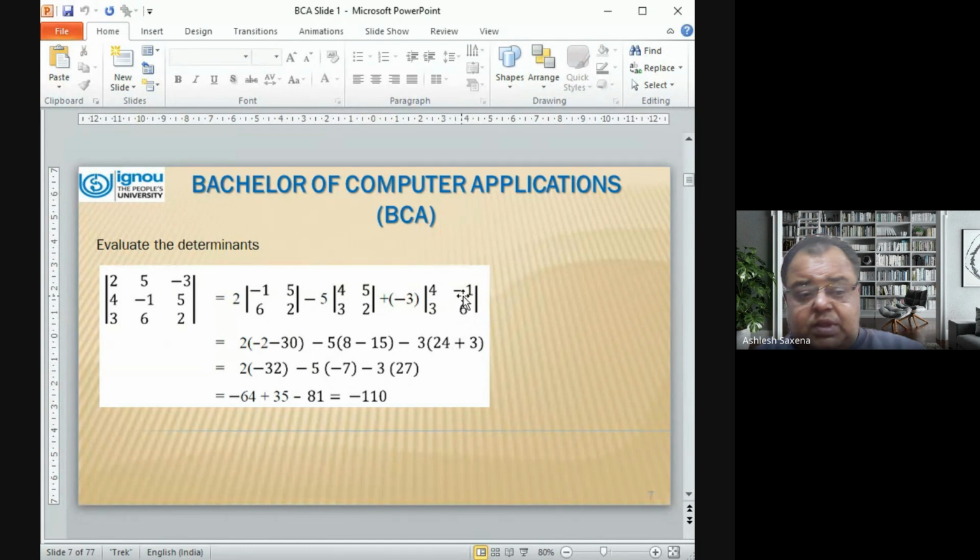Minus into minus is plus, it will become 3. Plus. Simplify it. Minus 32, minus 7, that is 27. Multiply this, it will become minus 64. Plus, minus into minus is plus, 7 into 5 is 35. Minus 81. Add these and subtract this. You will get minus 110.